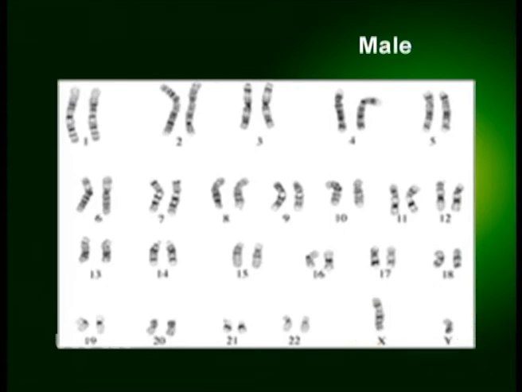The Y chromosome is the one which determines the male sex of the individual. So, if there is any change in the chromosome number or structure, it will lead to various diseases, which we will see in detail in the due course of my talk.